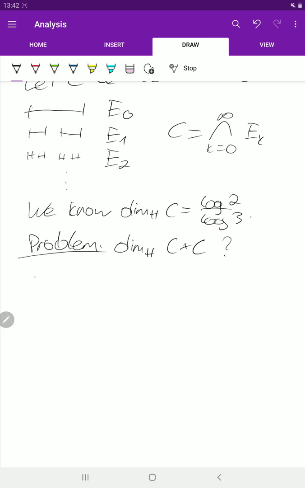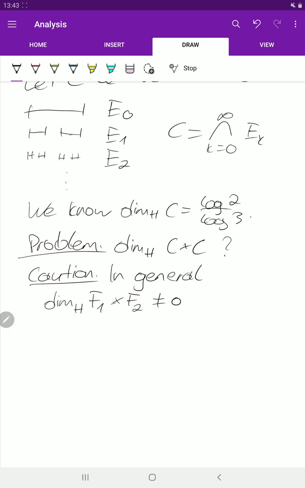Okay, and first let me give you a note of caution. In general, it's not true that the dimension of the product is equal to the sum of the dimensions. You might expect something like that from linear algebra, but that's not true.